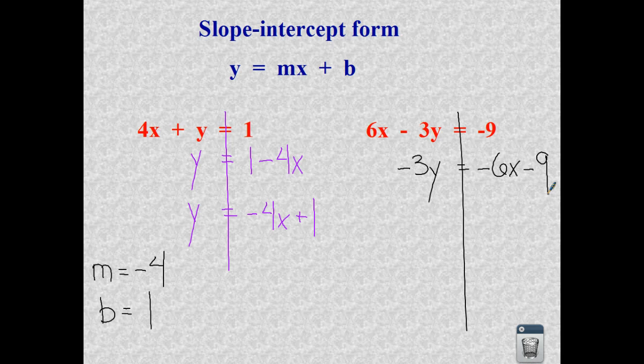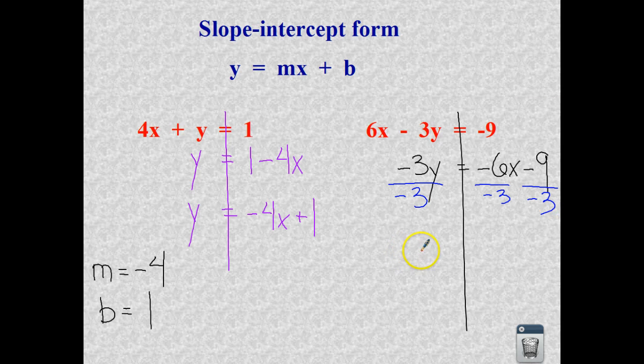And now the inverse operation of multiplying by the coefficient negative 3 is dividing everything by negative 3, all terms. Okay, how's that going to simplify?